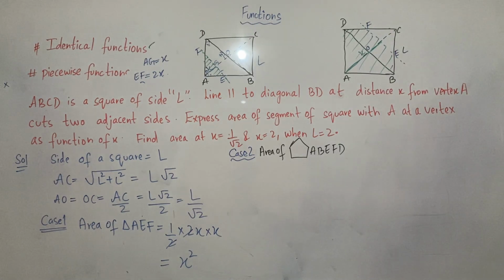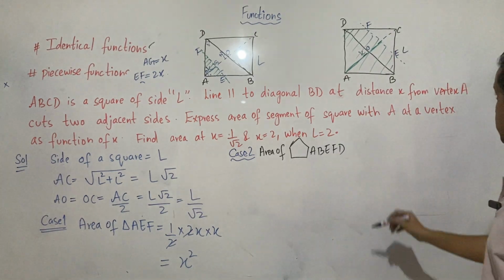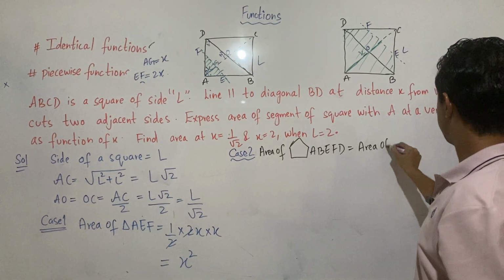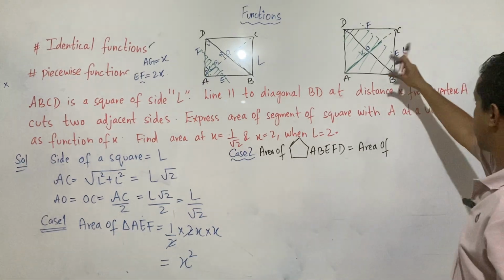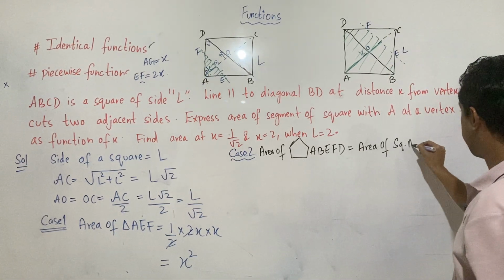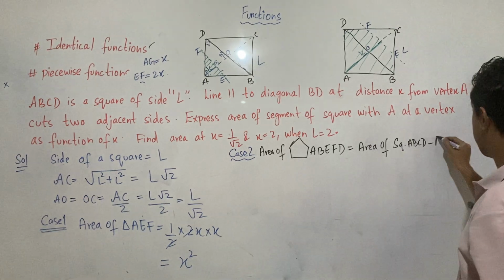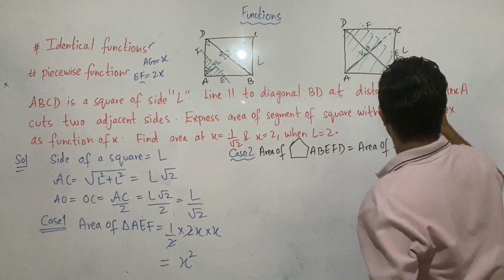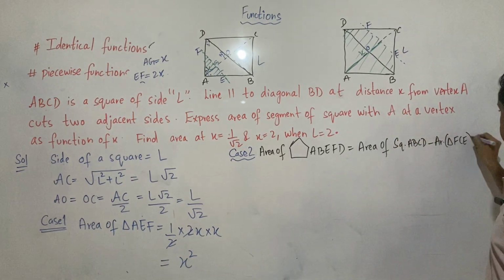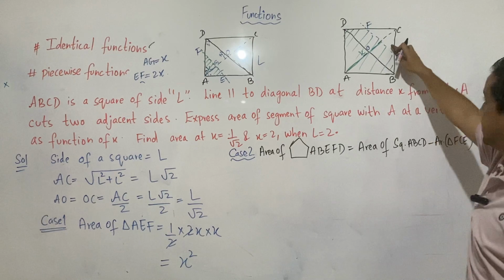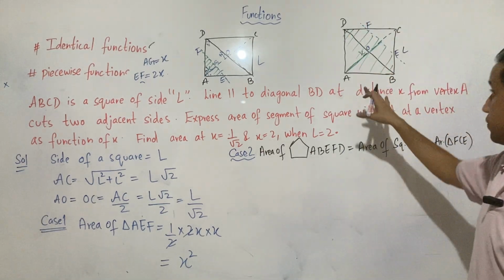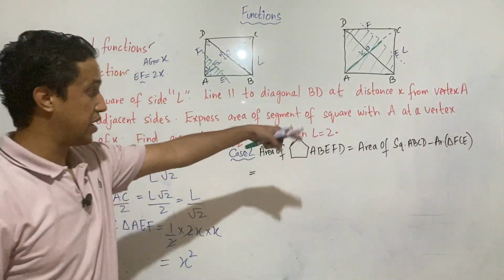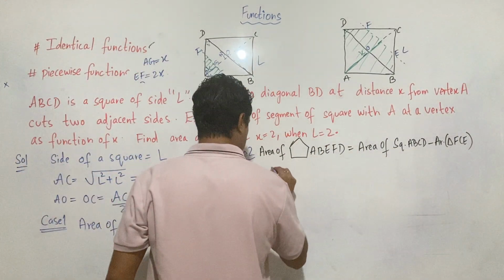So the area of your pentagon ABEFD is what we need to find. How can we find it? Area of square ABCD minus area of triangle FCE, right? If you delete this triangle from this square, then you will get this pentagon. So now the area of the square is going to be L square, right?